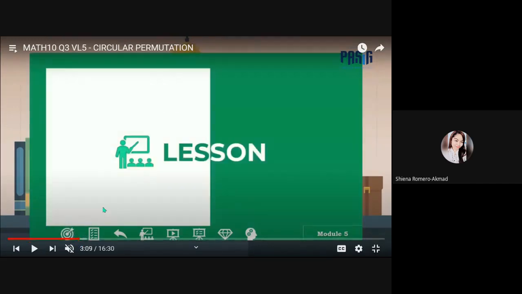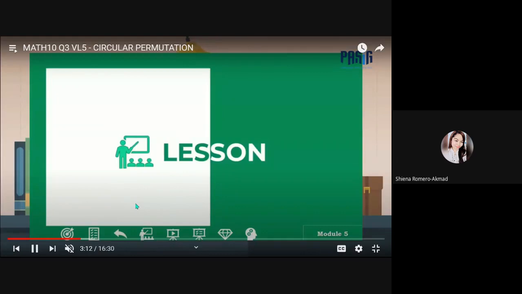Like earlier, hindi sumagot yung iba. Ay, karamihan ang lahat hindi sumasagot. Because they still don't know what distinguishable permutation is. Ganun din siguro pag circular. Kaya naman may hindi pa nagbabasa ng module.